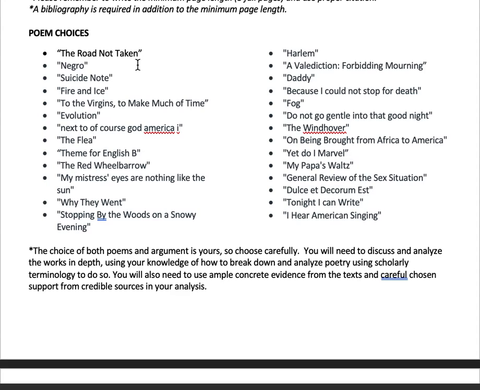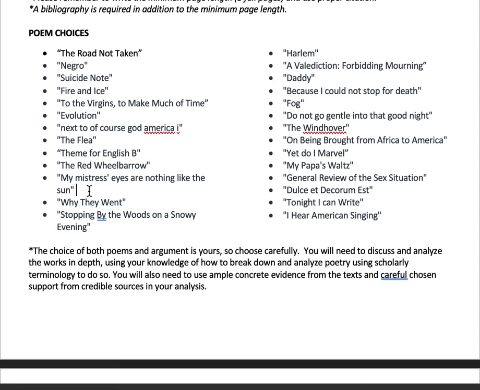And then I would pull in pieces of evidence from To the Virgins that show that, and then from The Road Not Taken that show that. And then I would analyze and discuss around that. My second main idea might be that both of these poems are centered on the theme of not missing out.